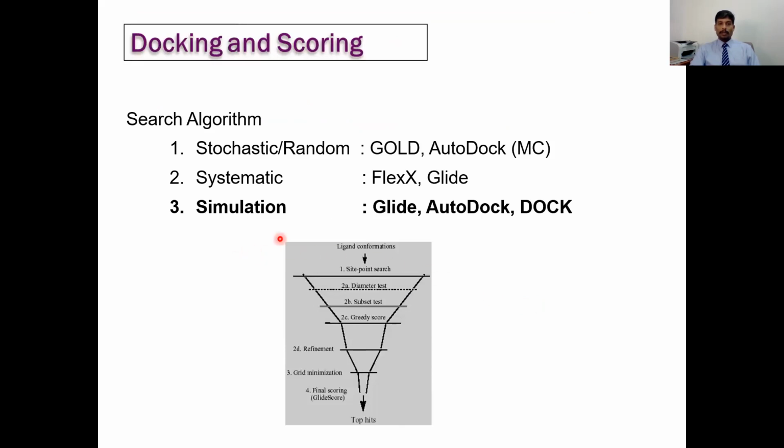Then simulation. Simulation is followed by Glide, AutoDock, and DOCK. Okay, what it will do here: once you find the active site, it will be given a space surrounding it from a grid, a grid box, okay, which we have seen in the last practical also.